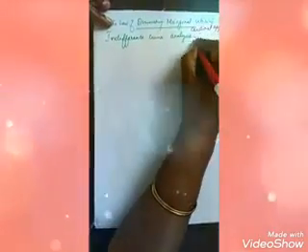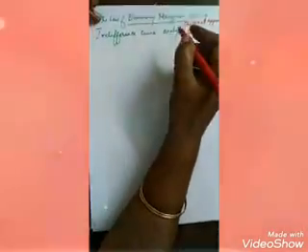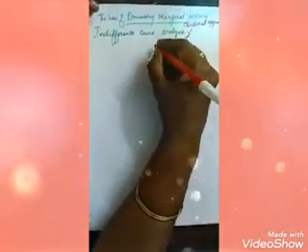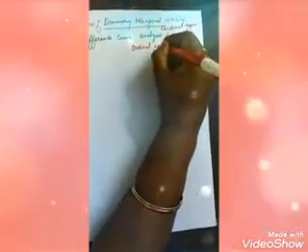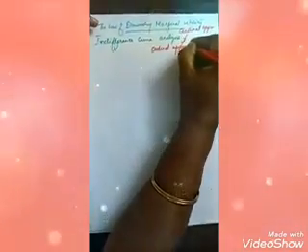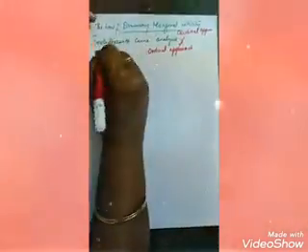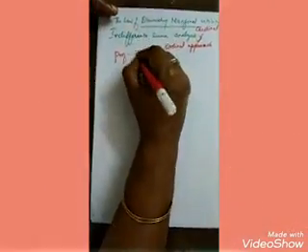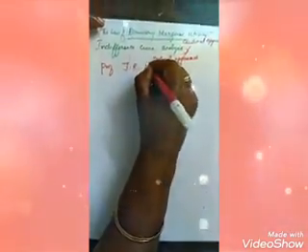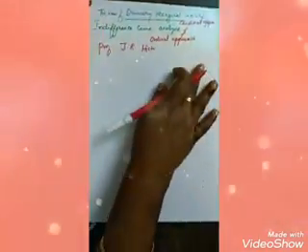But the indifference curve analysis is otherwise called the ordinal approach. Who gave this theory? Professor J.R. Hicks. Already we have seen.